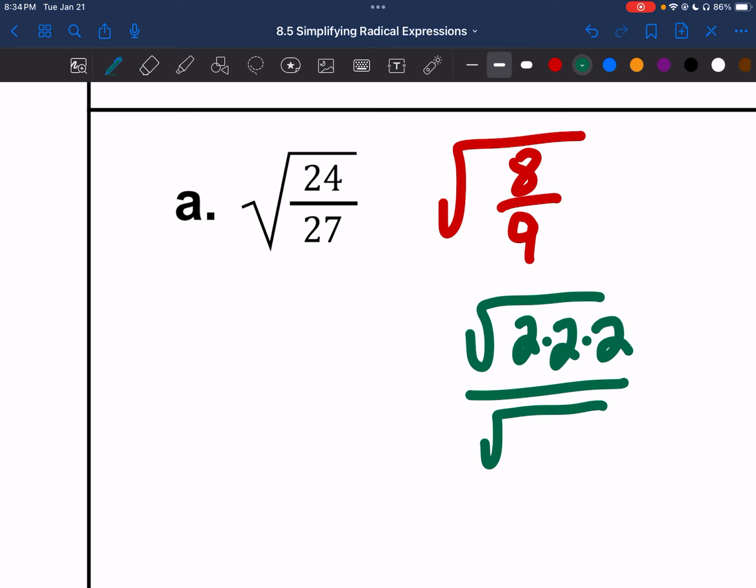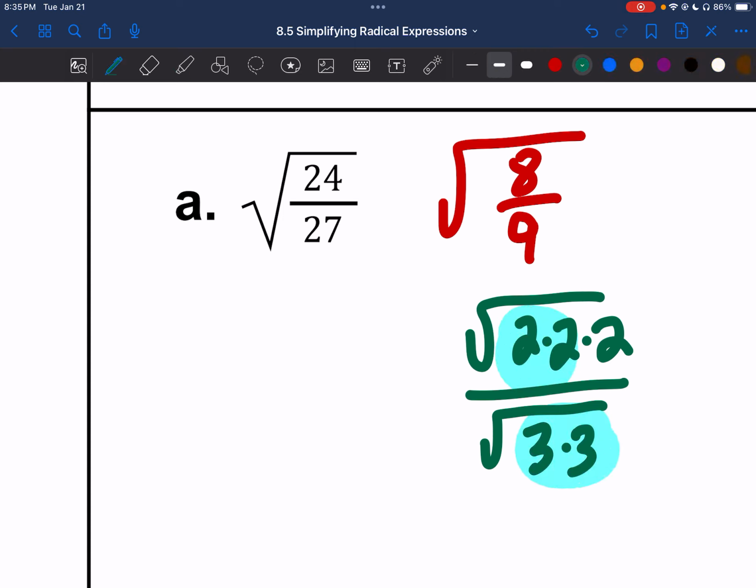And then the square root of 9 is 3 times 3. So when I get to looking at my pairs, I've got a pair of 3s and I've got a pair of 2s that are going to come out of my radicals. So I'm going to have a 2, and then I'm left in the numerator with the square root of 2. And in my denominator, I have a 3.